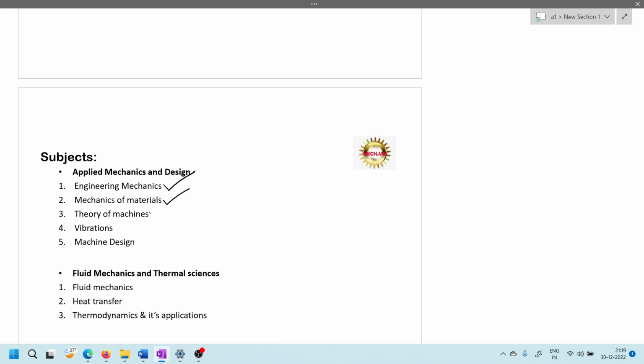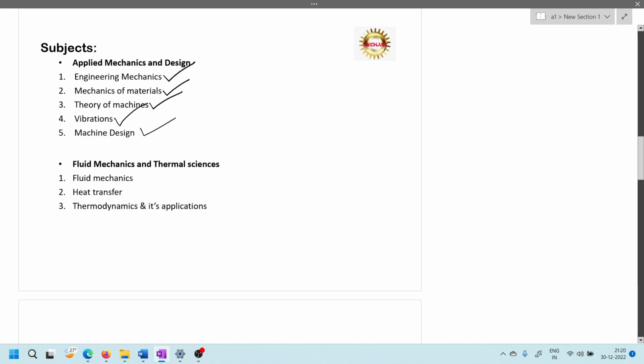And then theory of machines, where we assemble each product to make it into a particular mechanism. Machine design is to design each element. And vibration, as I already mentioned, there should be some vibration in every machine, and how to eliminate that and understanding the types of vibrations. So all the things are discussed here.